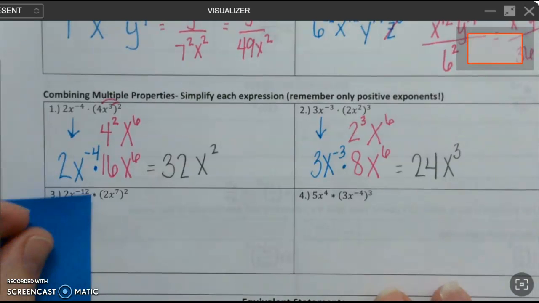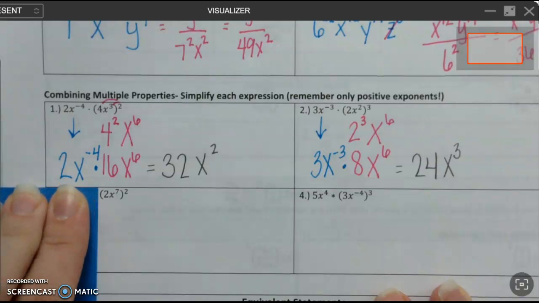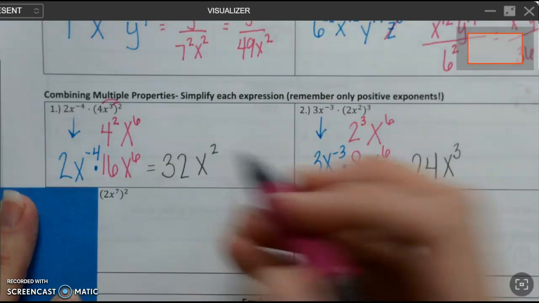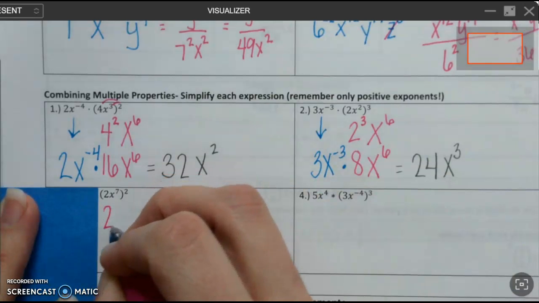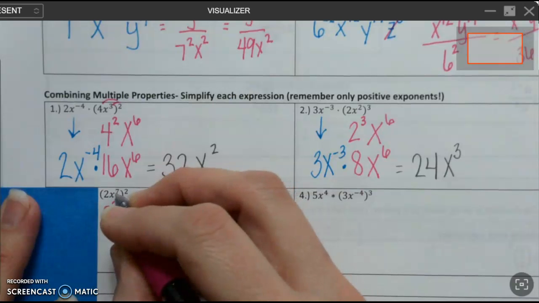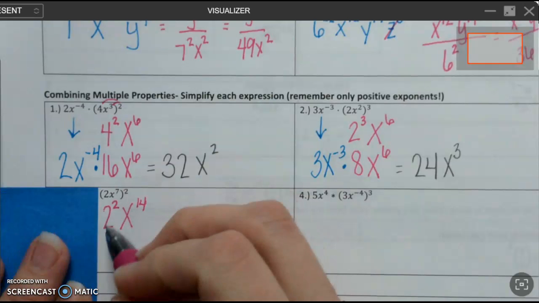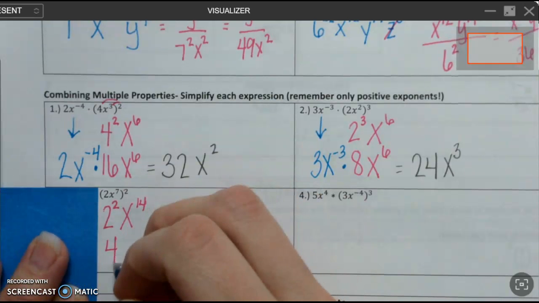Cover up. We'll do the parentheses part first. Number 2 gets an exponent of 2. And then x, multiply those exponents, to the 14th. Let's figure out what that is. 2 to the 2nd power is 4.